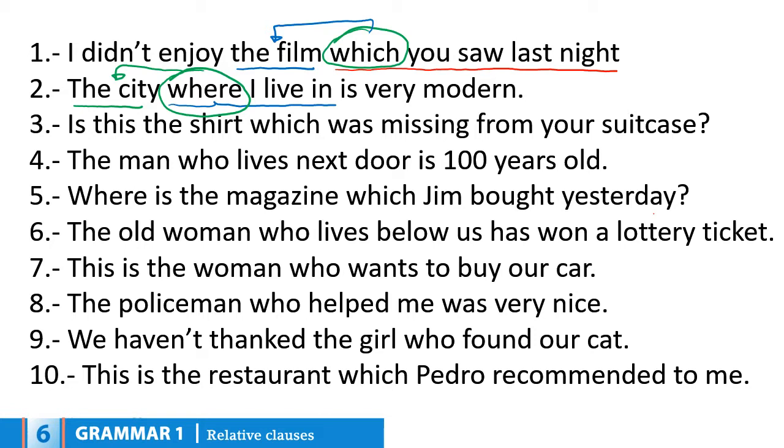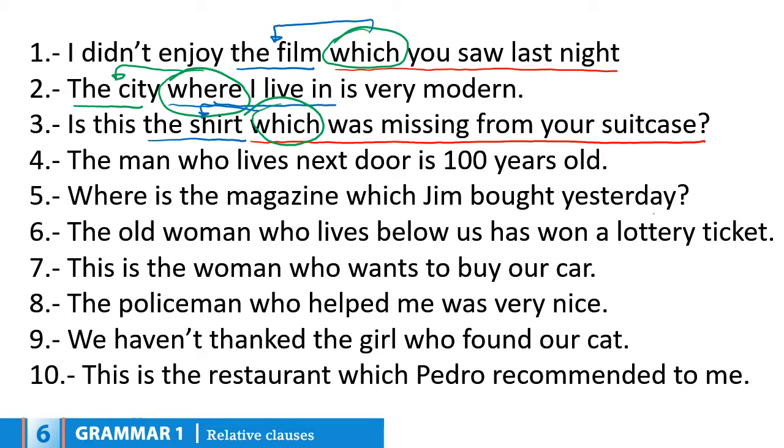Number 3. Is this the shirt which was missing from your suitcase? So which was missing from the suitcase is the relative clause. Then which is the pronoun, and the shirt is related to which.